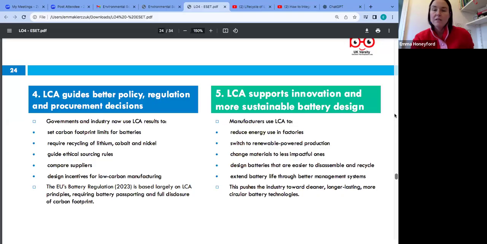And then we have LCA supports innovation and more sustainable battery design. So manufacturers use LCA to reduce energy use in factories, to switch to renewable powered production, and there's some other ones in there as well.